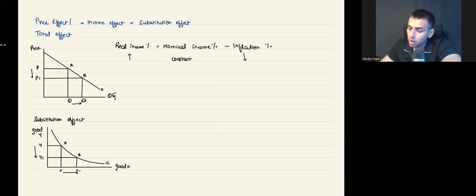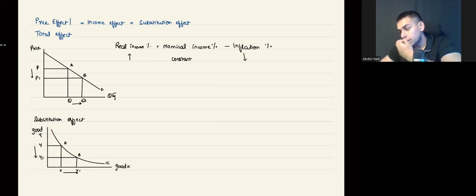Whenever I am traveling along the indifference curve, this means that I am substituting one good with the other. In this case, utils from Y are decreasing, which means that I am substituting good Y with good X, because I am consuming more of good X now.